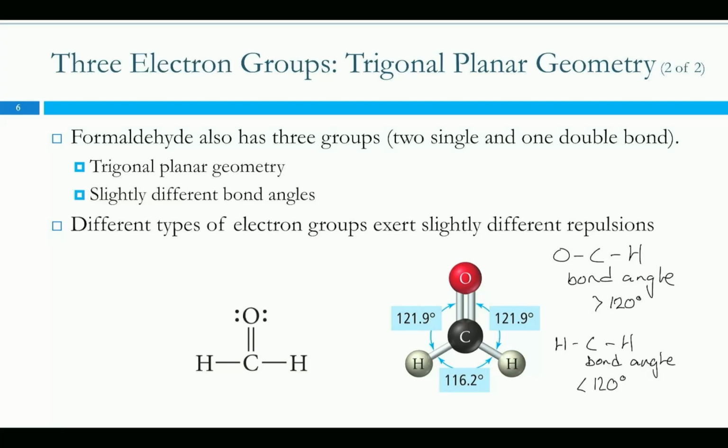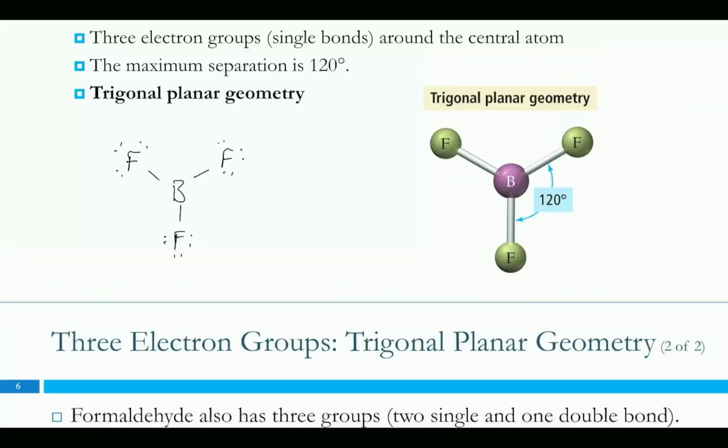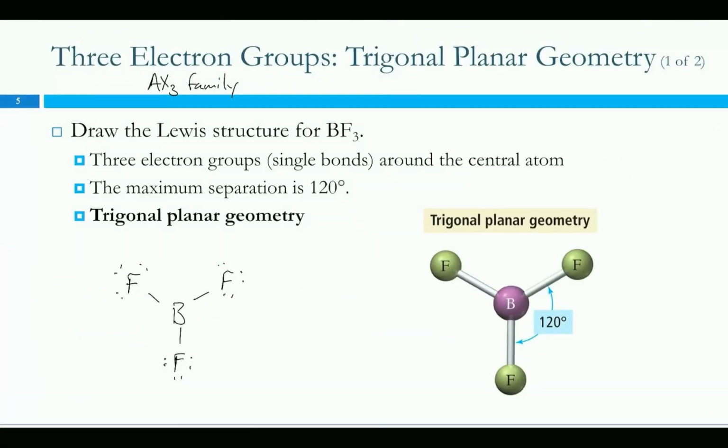So I'm not going to ask you for specific values here, just more than or less than 120 in this case. So trigonal planar will always have a sort of base ideal geometry, ideal bond angle of 120 degrees. The groups can change that. If these are all the same, like they were on this one, it's 120. There's no one of these fluorines that's a stronger negative charge than the others.